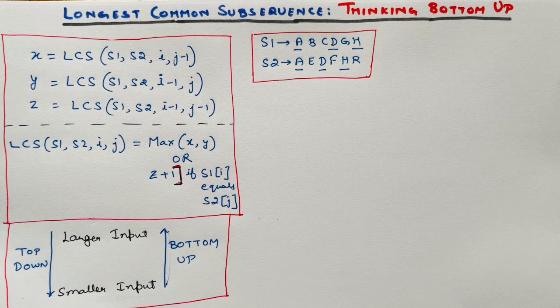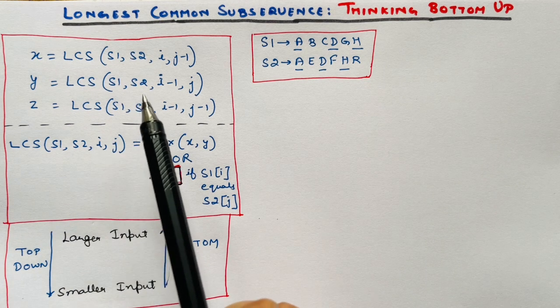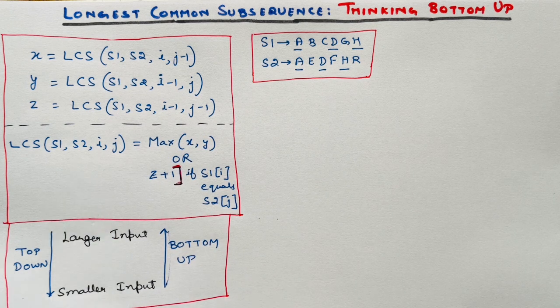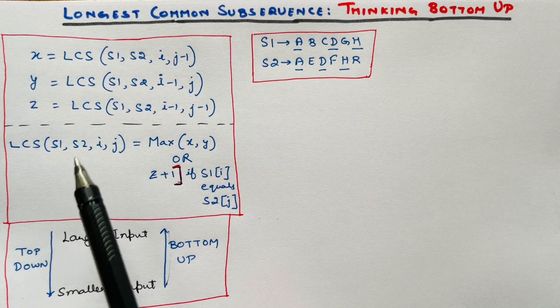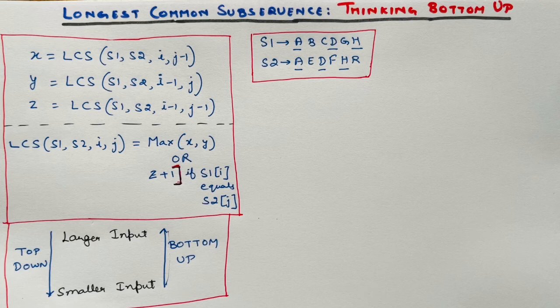Let us now start thinking about the bottom-up approach. In the bottom-up approach as well, we will use the same insight. What insight? That we can use the answers to smaller problems to calculate the answer for the larger problem. But the order will be different. In top-down approach, we moved from larger input to smaller input. By larger and smaller input, we mean the values of i and j.